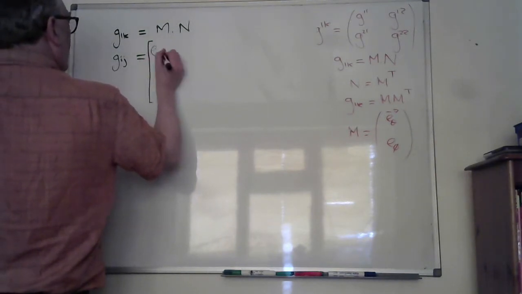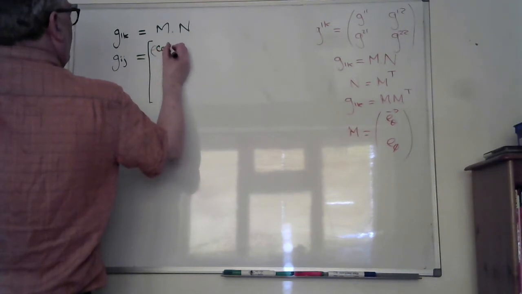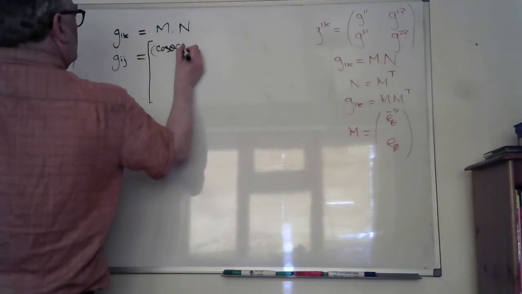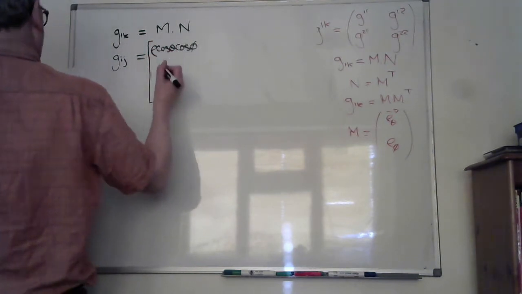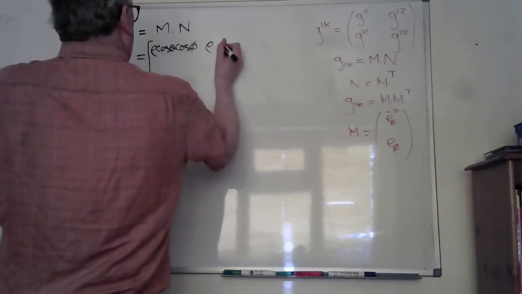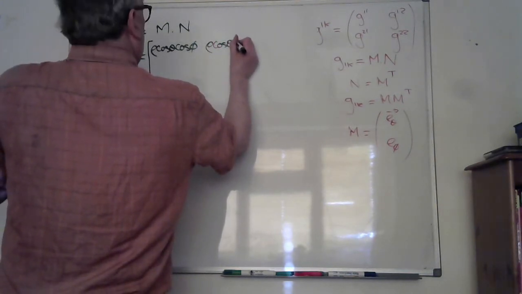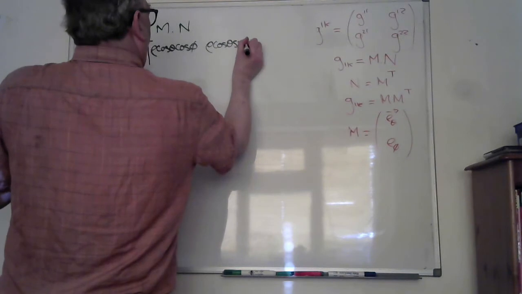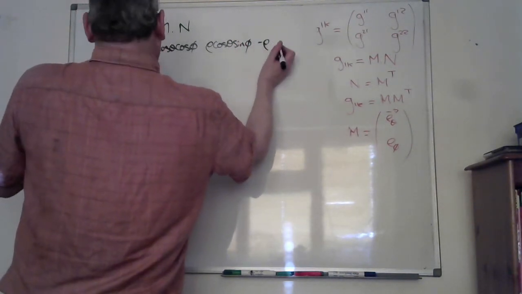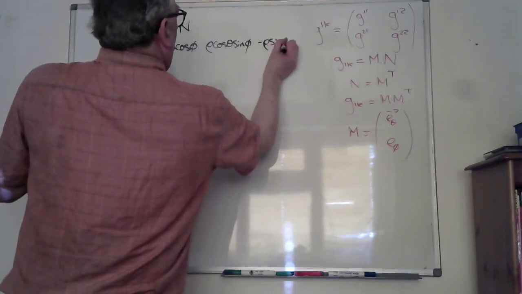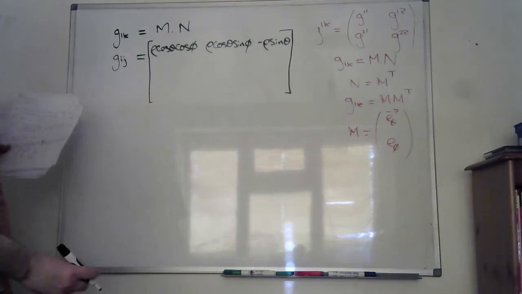So we've got rho cos theta cos phi, rho cos theta sine phi, and minus rho sine theta. Close that.